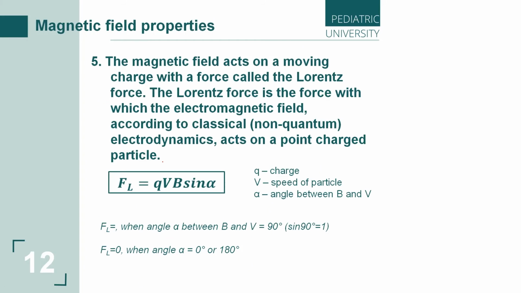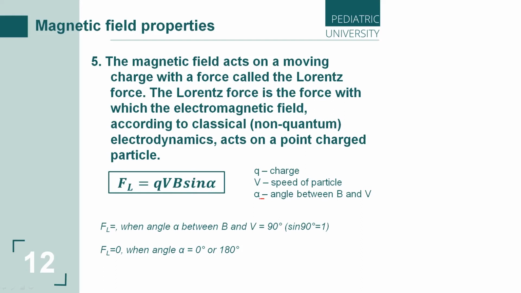So, let's see. Q is charge, V is the speed of the particle or velocity of particles, B is the vector of magnetic induction, and sine alpha.